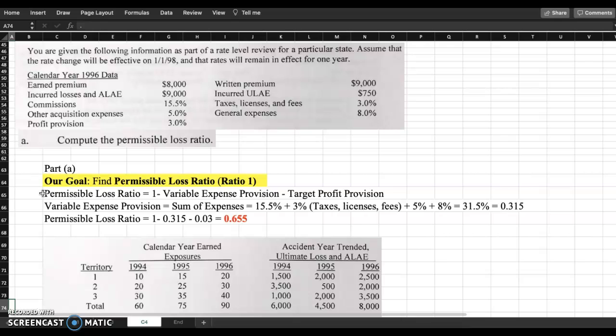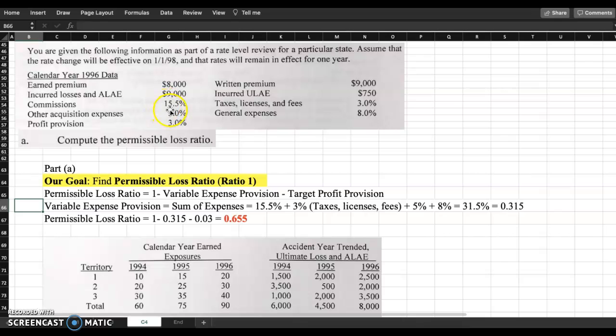Friends, our goal is to find the first ratio, and the formula is 1 minus the variable expense provision minus the target profit provision. We have the target profit provision, and we find the variable expense provision by summing up all the expenses.